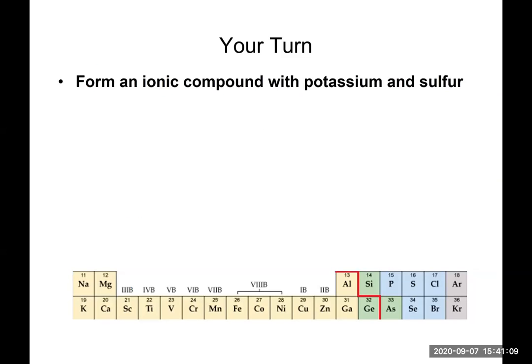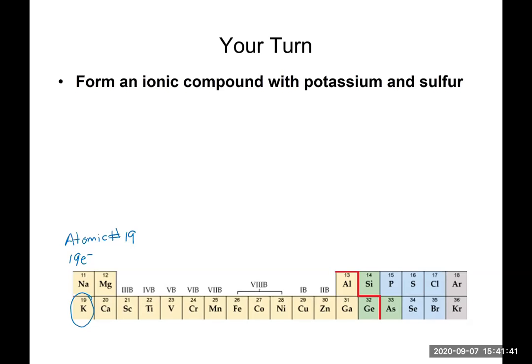So I've put a small portion of the periodic table so that we can just reiterate and review how this happens. We start with potassium, which is over here on the left. Potassium has atomic number 19. With atomic number 19, that means that potassium has 19 protons and 19 electrons.